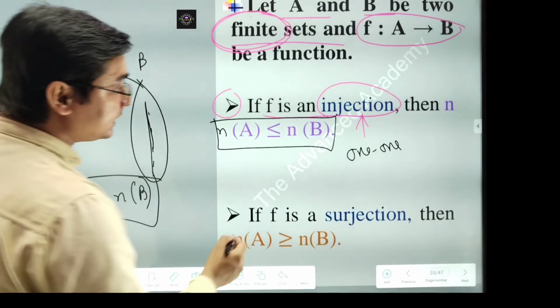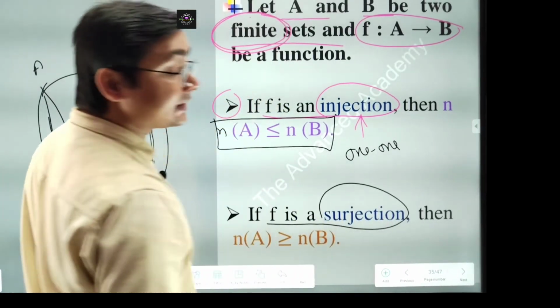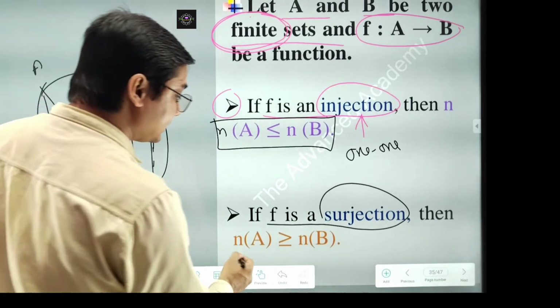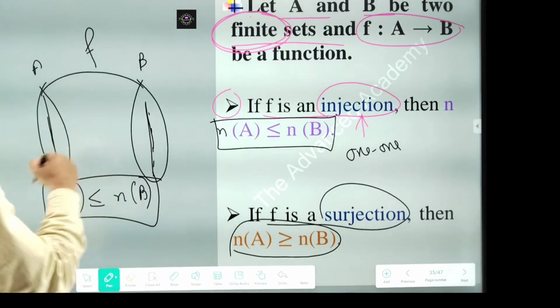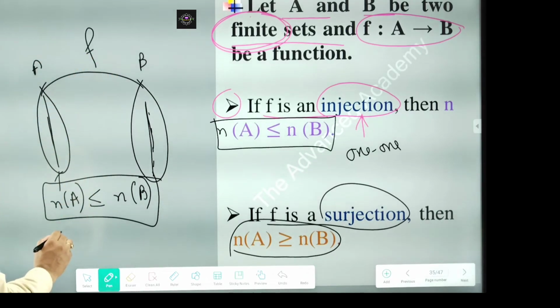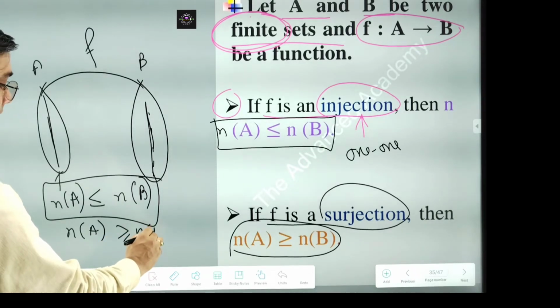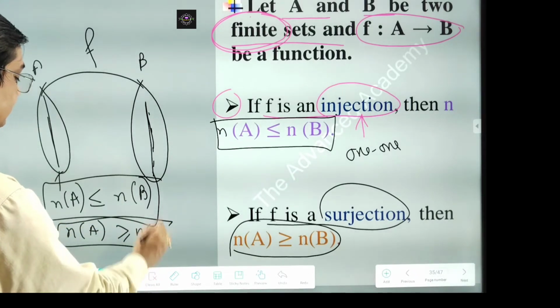Yes, but if f is surjective or a surjection, then what happens, guys? N of A is greater than or equal to N of B. Just you have to remember this one.